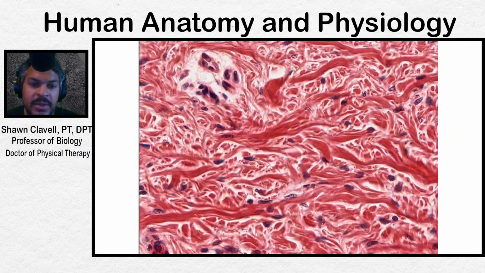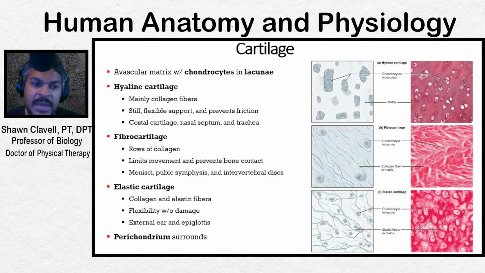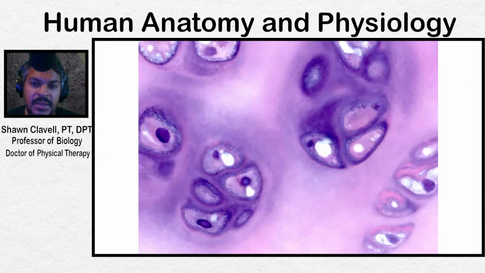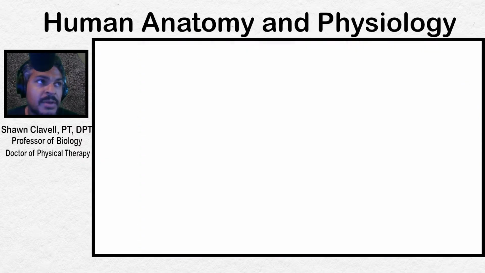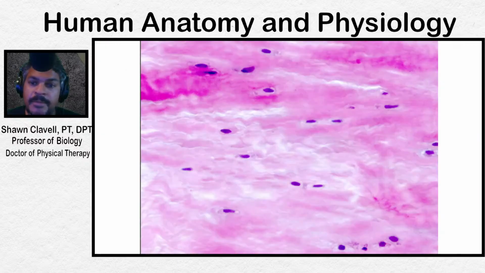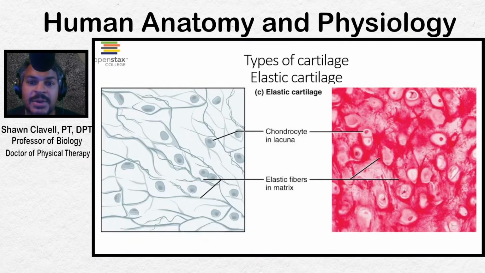Dense irregular, where the collagen just runs in a dispersed pattern. And then the three types of cartilage. So hyaline cartilage, which is nice and glossy. It's got a much glossy appearance. It has the look like that. There's fibrocartilage and elastic cartilage, right? Elastic cartilage.